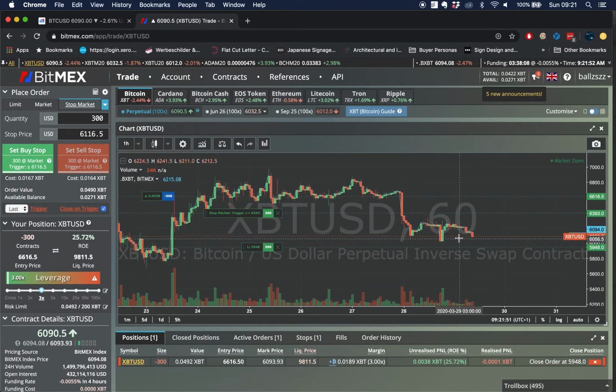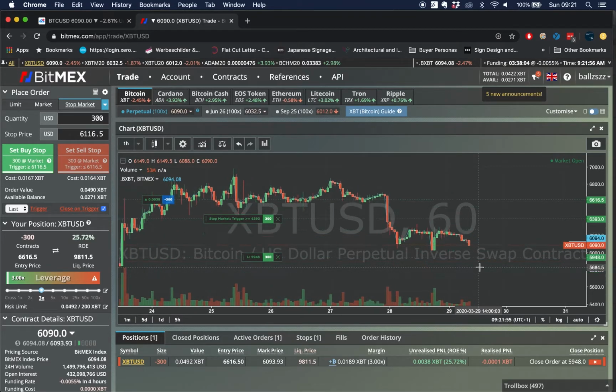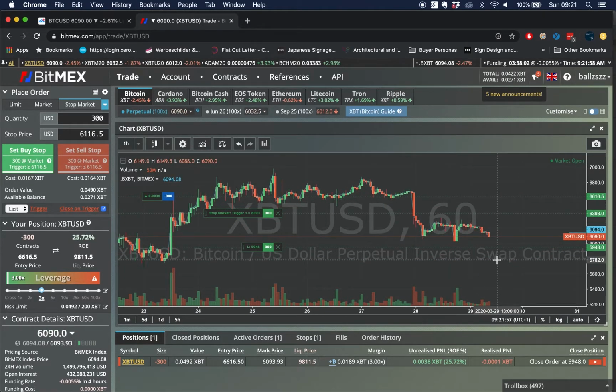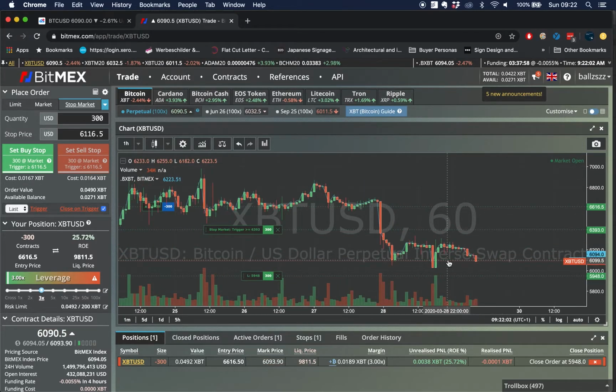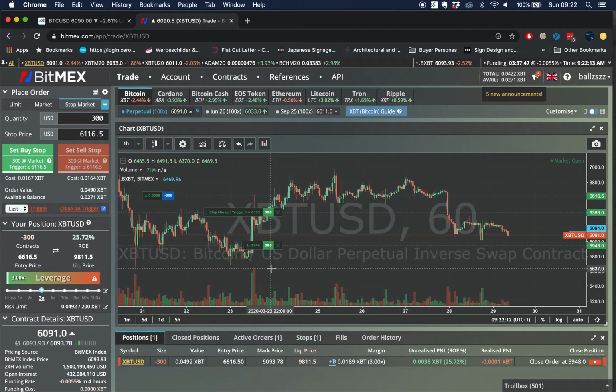Perhaps not necessarily retest, because I don't think that's the correct terminology, but that's one of the places where I would expect it to drop to. Again, I could be wrong, but this is all part of experience. Another thing I didn't want to do was lose out on an opportunity for quite a deep drop, which can obviously happen when you're not paying attention.